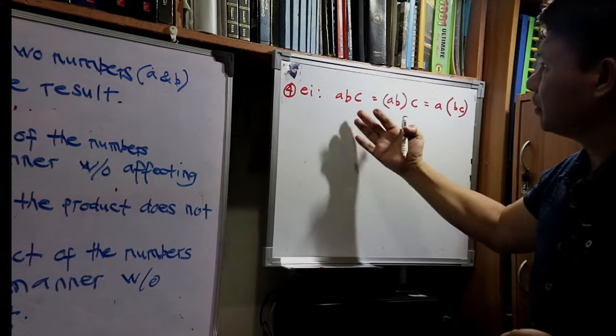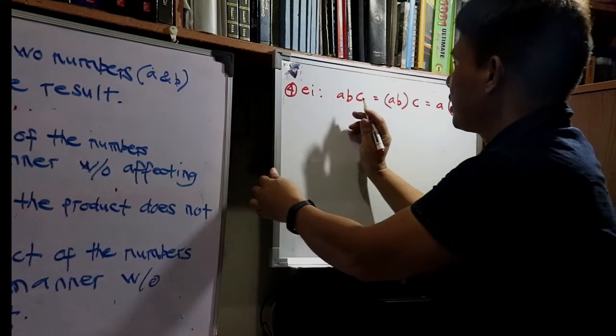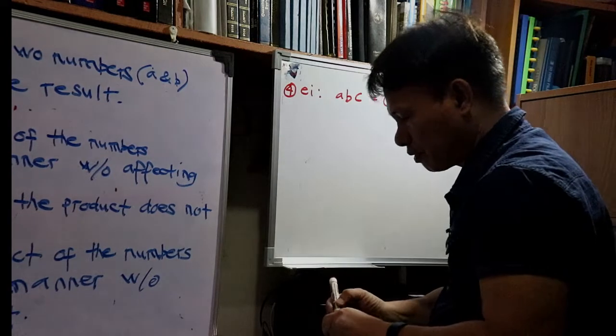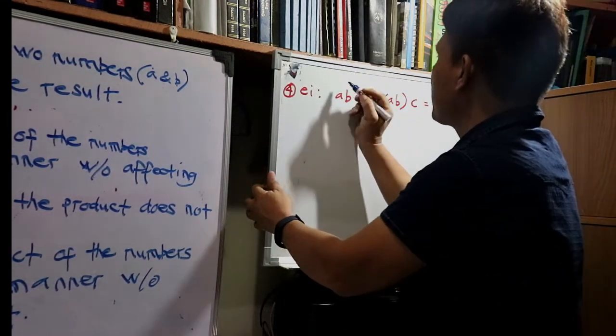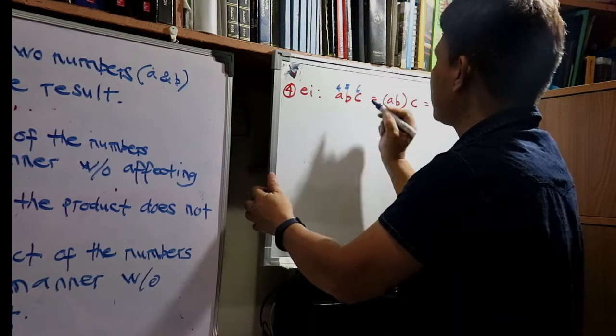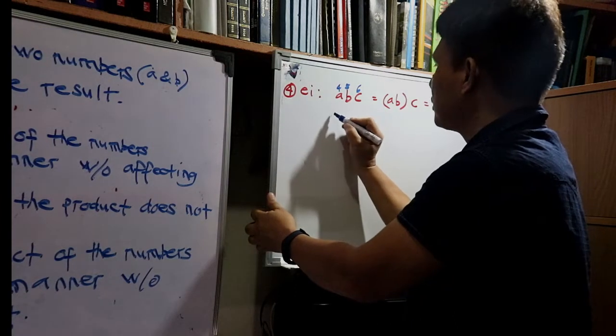Applying these variables to numbers, say for example 4, 5, and 6. Let's say A is 4.